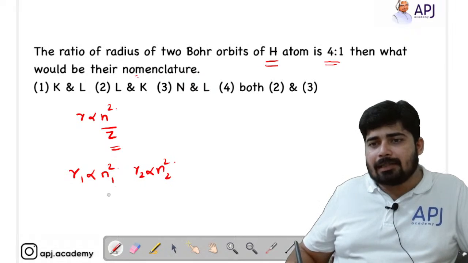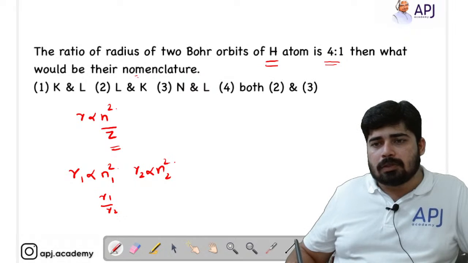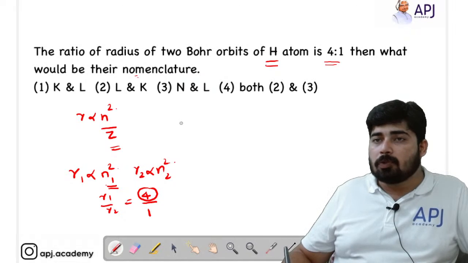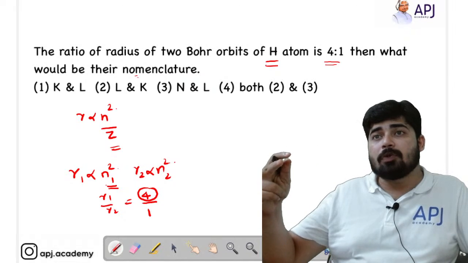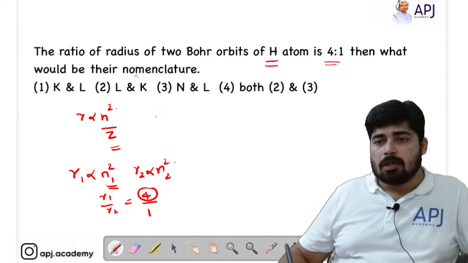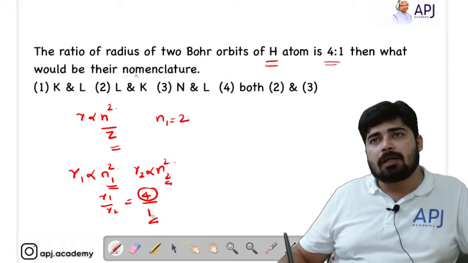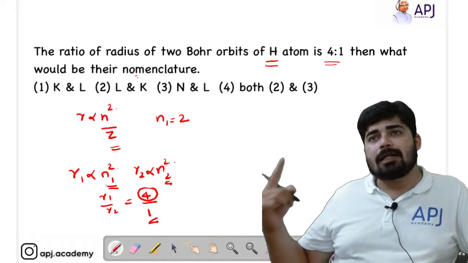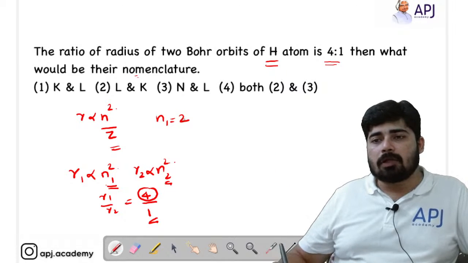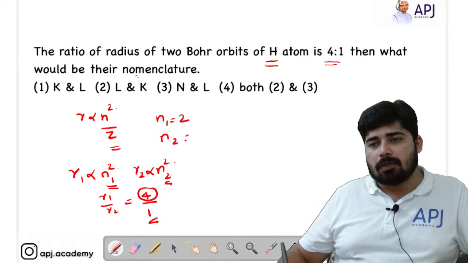Taking the ratio R1 by R2, we get the ratio as 4:1. So if this value has to be 4, then what should be the value of n1? n1 should be 2, right? Because 2 square gives 4. So n1 will be equal to 2. And what should be the value of n2, which corresponds to the value 1? If n2 is equal to 1, then 1 square will be equal to 1. So n2 is equal to 1.